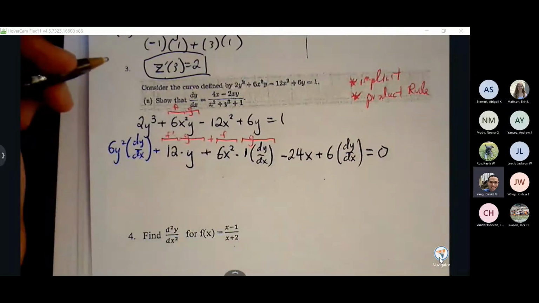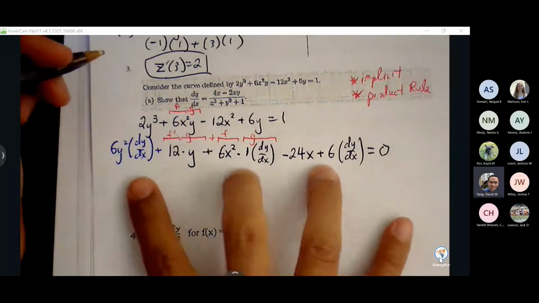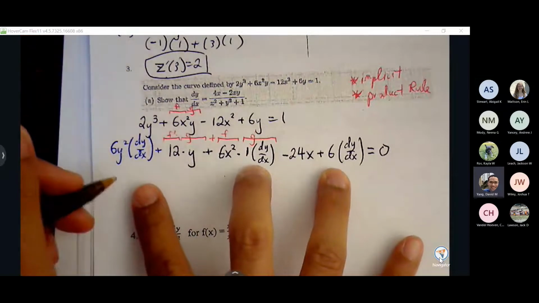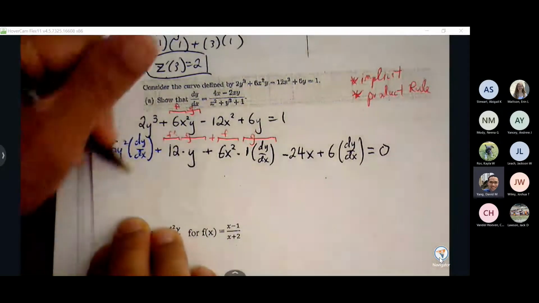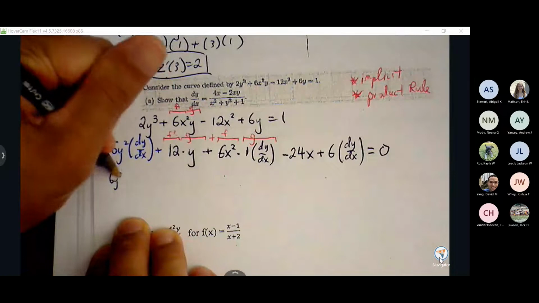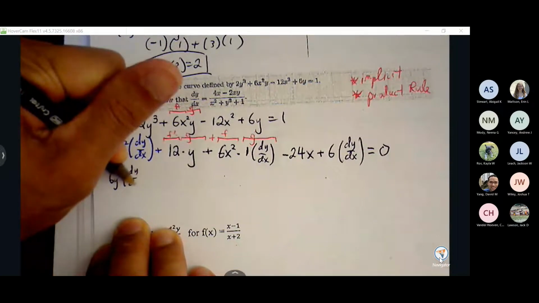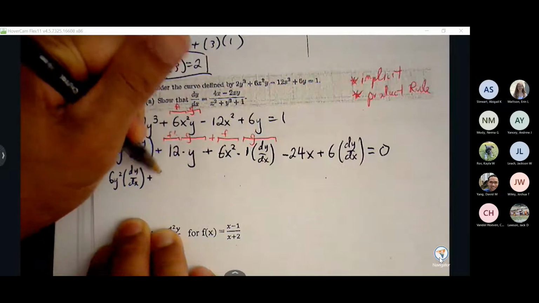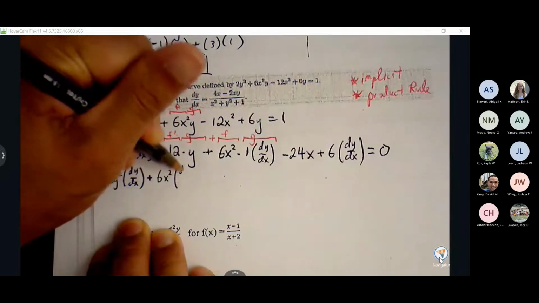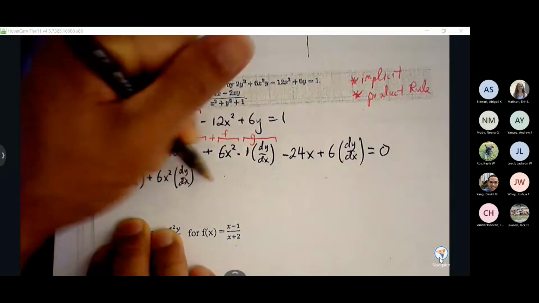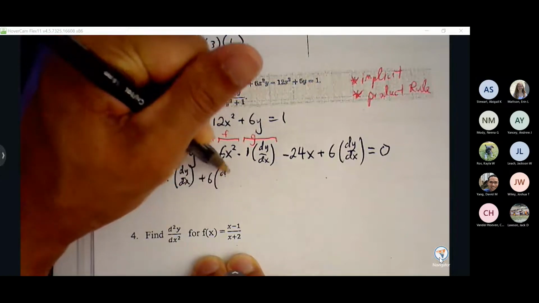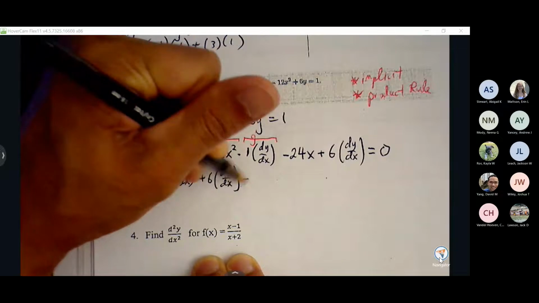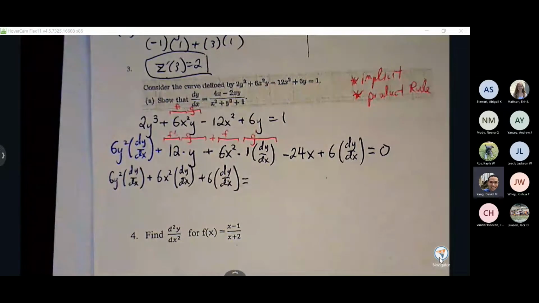Let's do some cleanup here. I have 3 dy dx terms. I'm going to try to leave them on the left side. All the non-dy dx terms, the other 2, I'm going to leave on the right side of the equation.